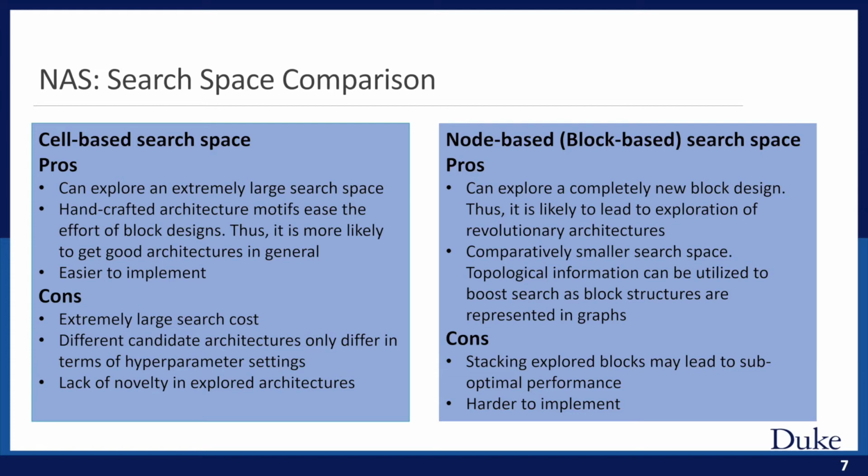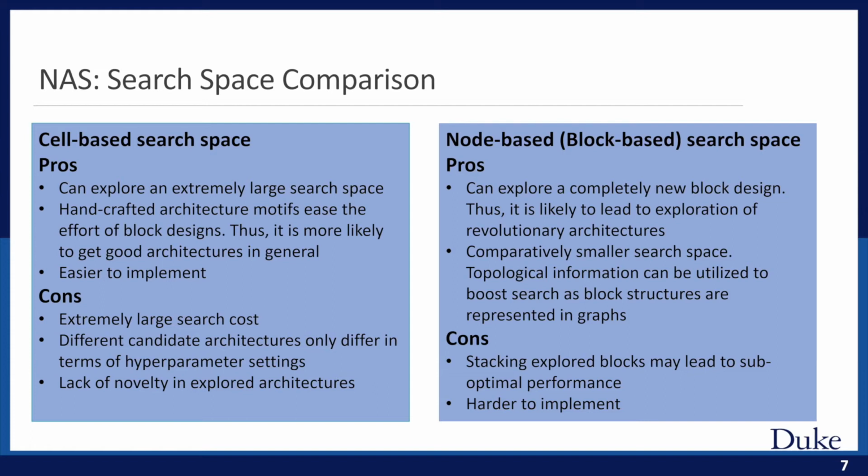Node-based approaches usually spend more effort on finding new block designs for DNNs. Typically they use fixed depth or width settings when searching for the optimal building blocks, and then apply different depth and width settings to get a final architecture.